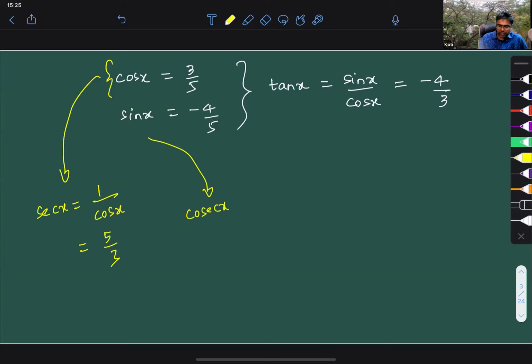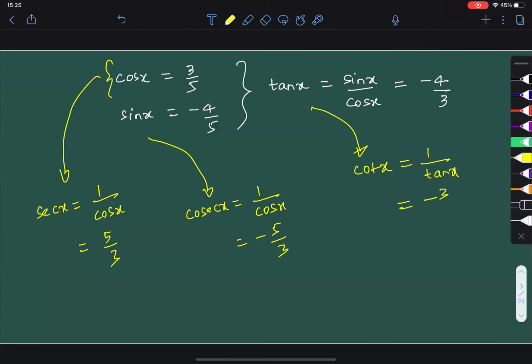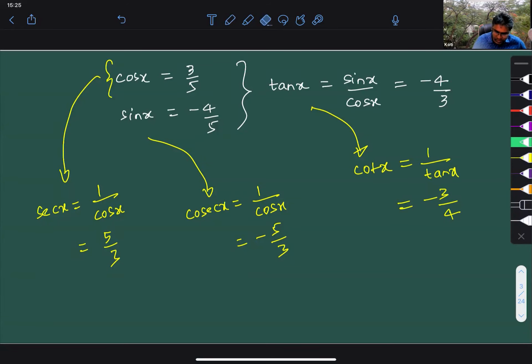So cosecant x is 1 over sin x. I'm going to flip this ratio, so that will be minus 5 by 3. And then if I flip tan, I'll get cotangent of x, cot x, which is 1 over tan x, which is minus 3 by 4. Oh, yeah. Thanks, beta. This is a mistake. So this is minus 3 by 4.